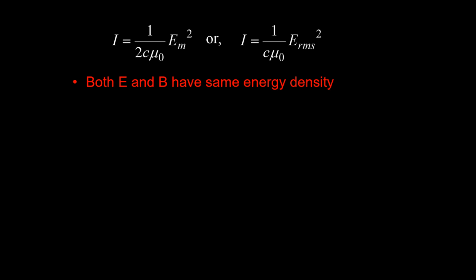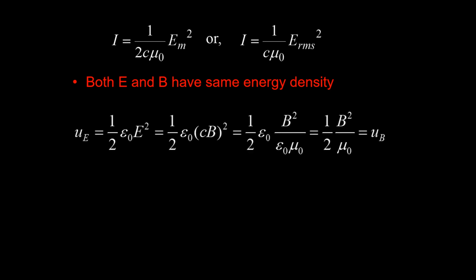This means the energy that our wave holds, U_E, will give us 1/2 epsilon 0 c B squared, or if we propagate this through, 1/2 epsilon 0, here being the electrical permittivity of free space instead of the magnetic, times B squared over our permeabilities combined. This will cancel, giving 1/2 B squared over mu 0. This is the magnetic strength of the wave and the magnetic permeability. So here we have an expression purely in terms of the magnetic part of the wave.